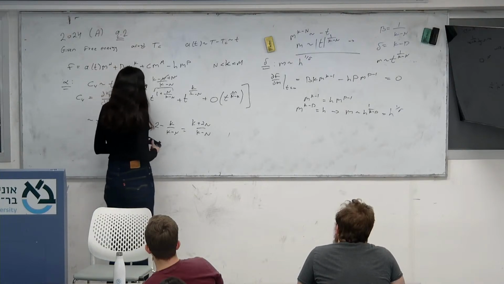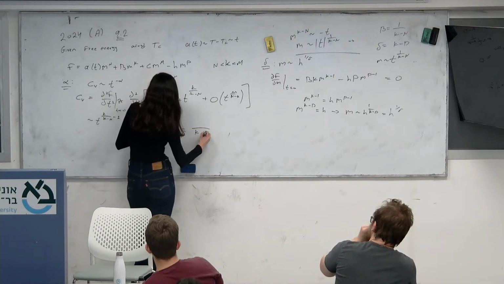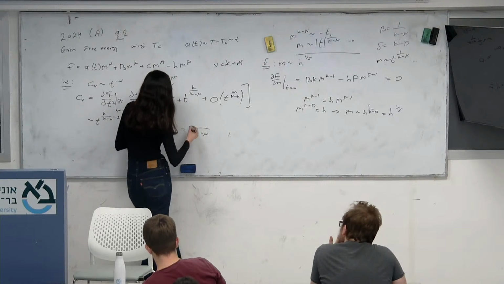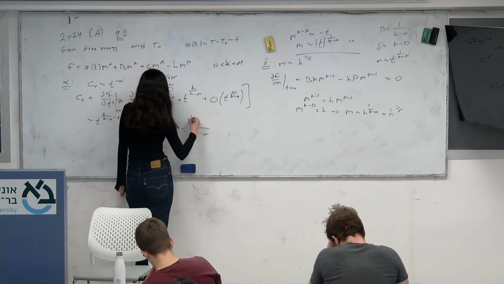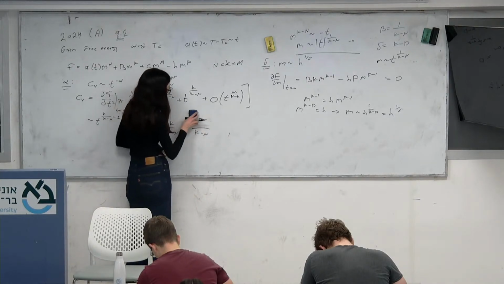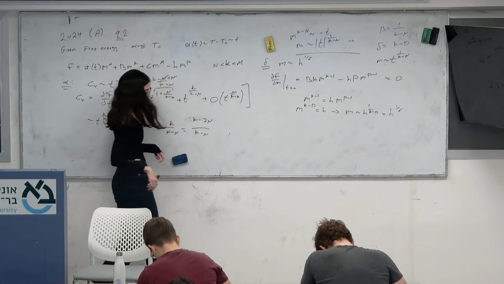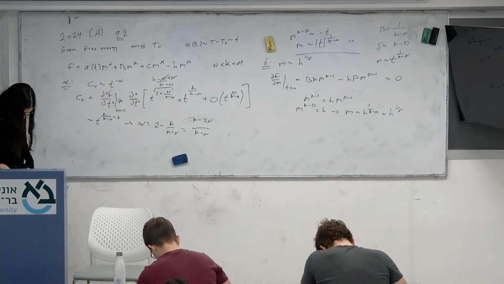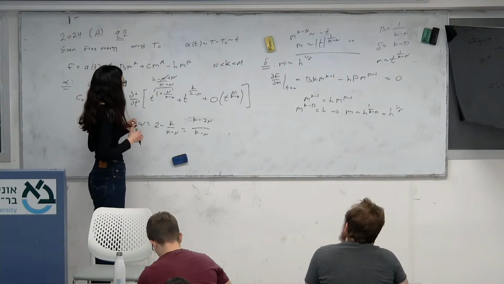Yeah, that's the mistake I'm looking for. Shouldn't be k plus 2n, it should be minus 2n. Okay, yeah, that was a mistake I was looking for. Thank you.